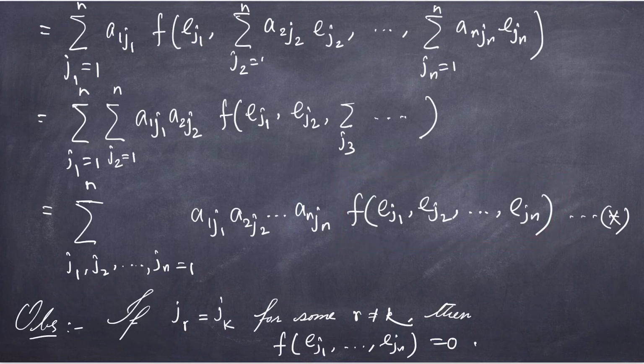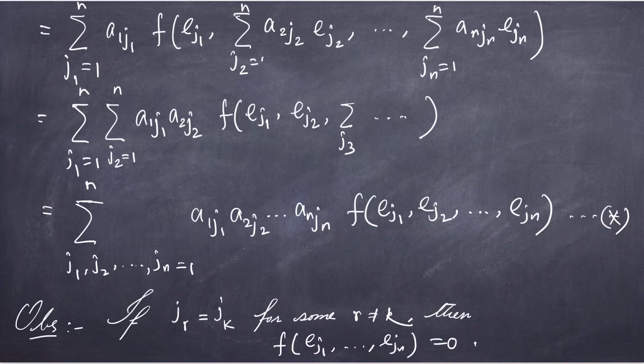Because suppose jr is equal to jk for r not equal to k, then we interchange the rth and kth components, and that interchange will cause a minus sign. However, since e_jr is equal to e_jk, this tuple is not going to change at all. So this quantity becomes the negative of itself, hence it will be 0.